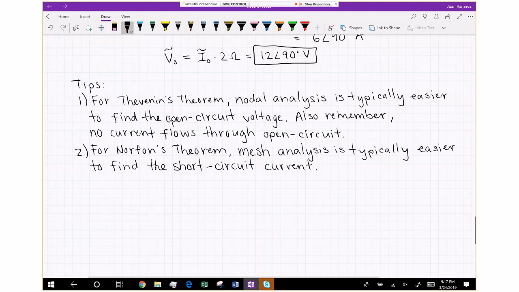The second tip for Norton's theorem, I think, is sort of intuitive, but also easy to forget.